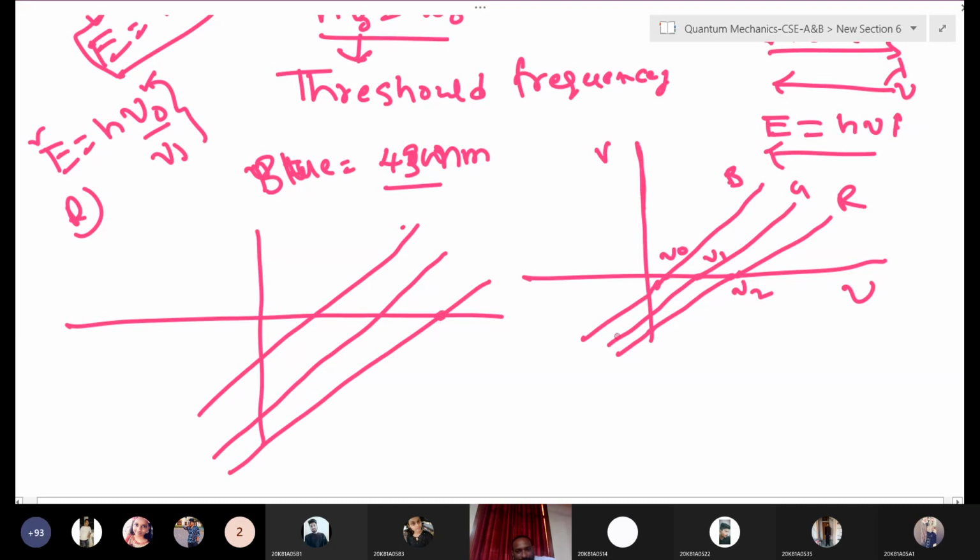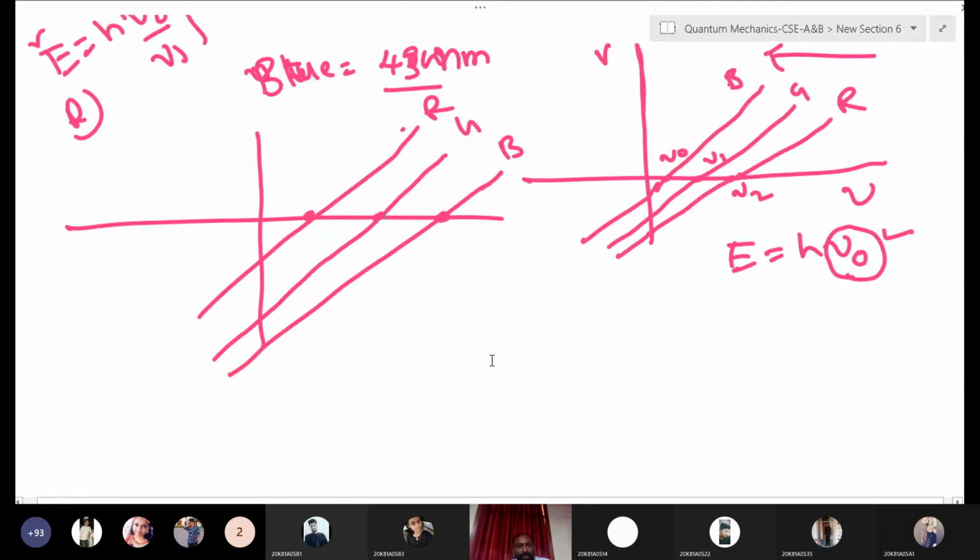So blue is having E equal to h nu, nu 0. Suppose blue is having higher frequency, that means it is having higher threshold frequency. So blue is here, red is here, and green is here, like that. Depending on frequency, the threshold frequency also changes, right?